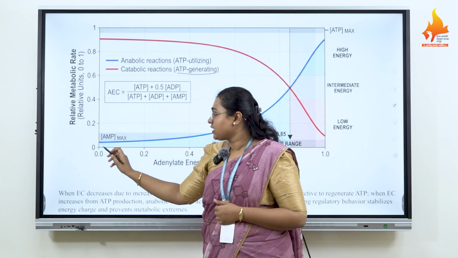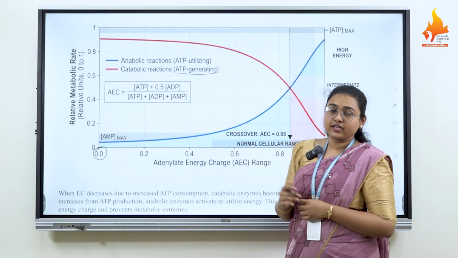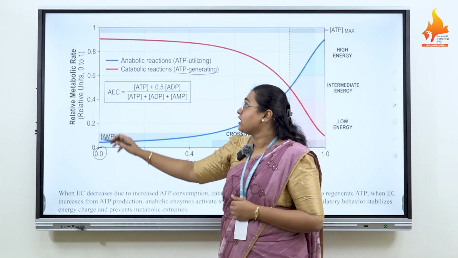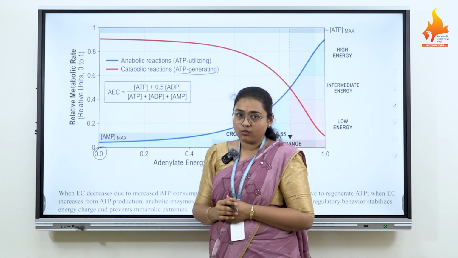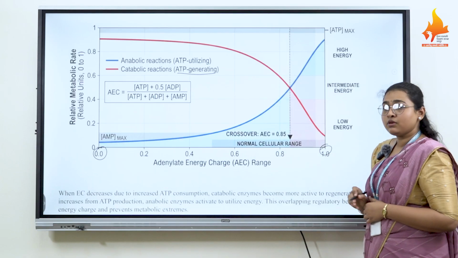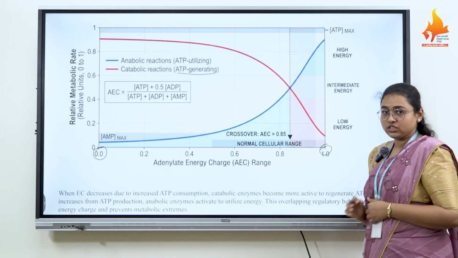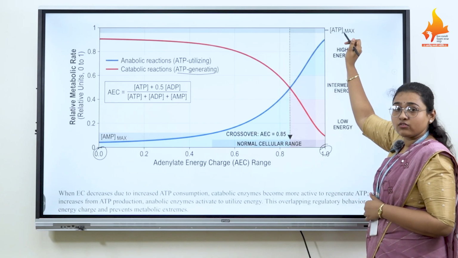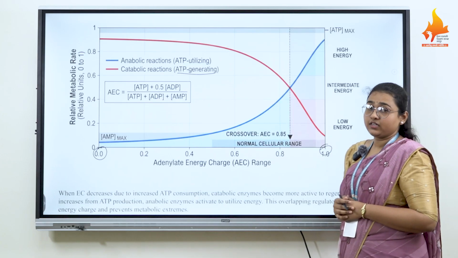So consider if your cell has a 0 AEC value, adenylate energy charge value, then we can say the cell has the maximum rate of catabolic reaction and the minimum rate of anabolic reaction. On the other hand, if your cell has the maximum adenylate energy charge value, then we can say that the cell has the maximum rate of anabolic reaction and the minimum rate of catabolic reaction.